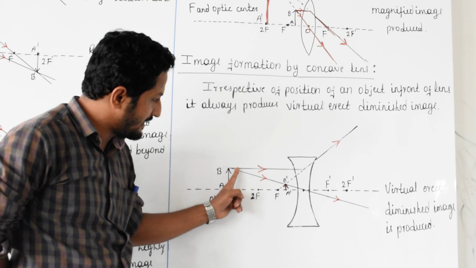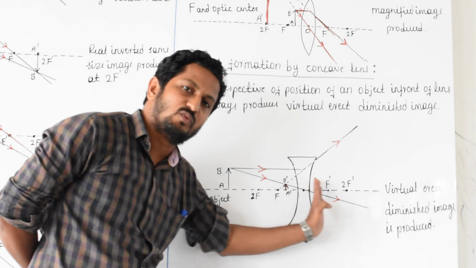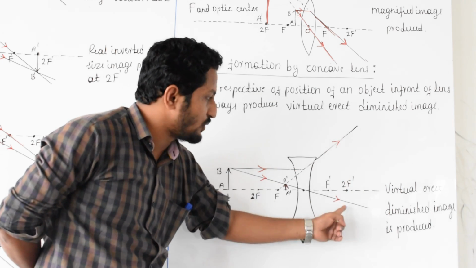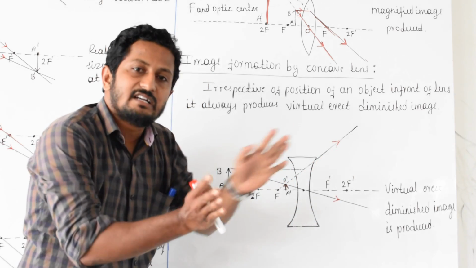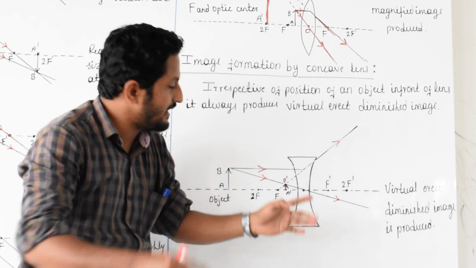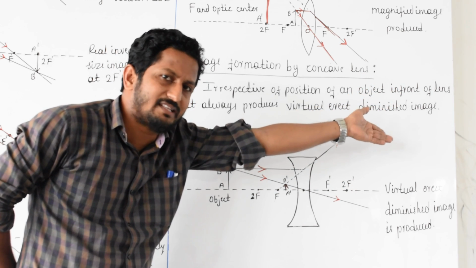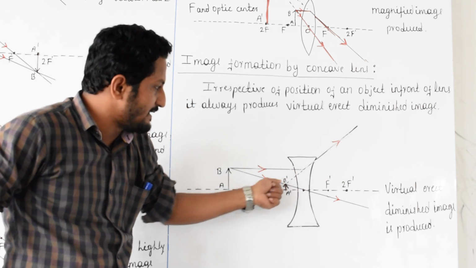Then one more light ray which is passing through the optical center keeps moving without any deviation. These two are the refracted light rays. They are looking like diverging. Diverging means they are not going to meet somewhere there. That's why we are going to extend them back.